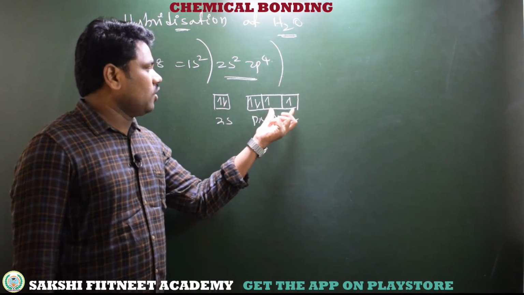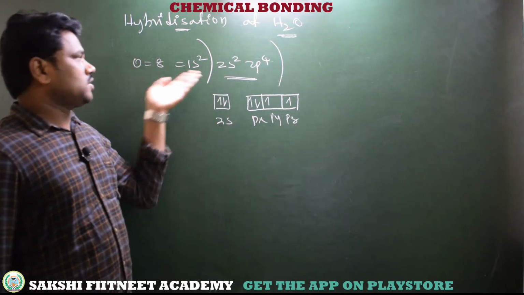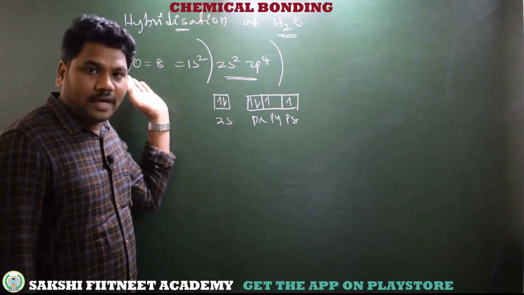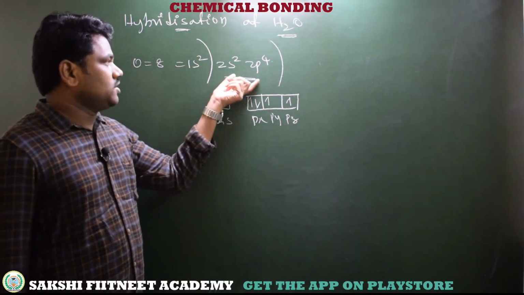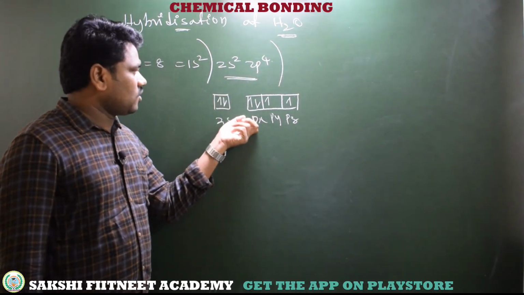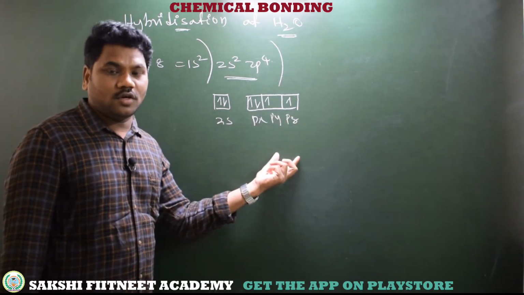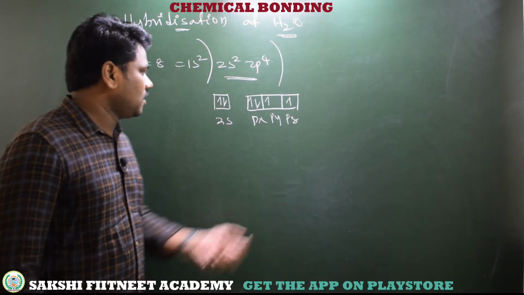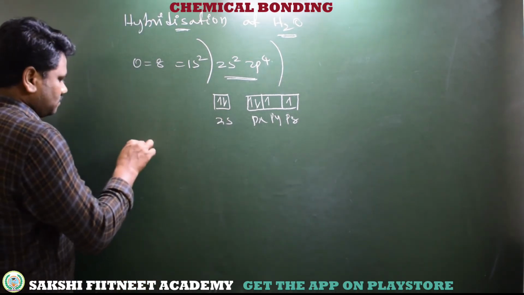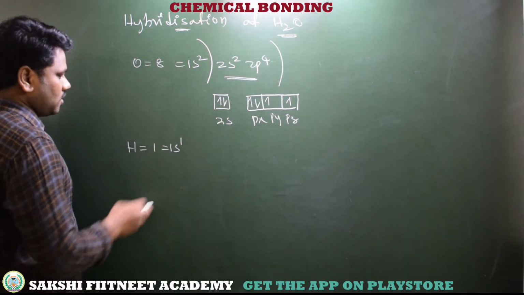To fulfill the octet rule, oxygen should maintain 8 electrons. Not only oxygen, any atom should maintain 8 electrons in its valence shell. Here oxygen has 6 valence electrons. It will overlap with the s orbitals of hydrogen. Hydrogen has atomic number one, and its configuration is 1s1.